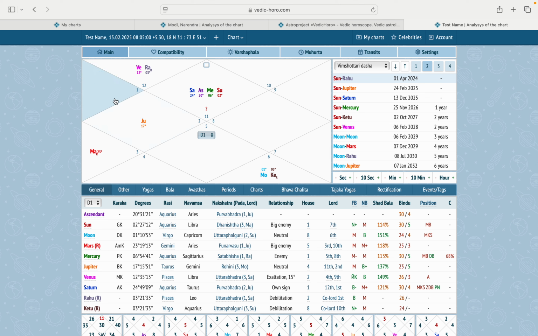For example, for house number 1, if there is Aries, it will always be ruled by Mars, Taurus by Venus, Gemini by Mercury, 4 is Cancer, that is Moon, 5 will be Leo, that is Sun, and so on. Also note that excepting Sun and Moon, all planets own 2 houses, and Rahu and Ketu, which are the north and the south pole of the moon, do not fully own any house.